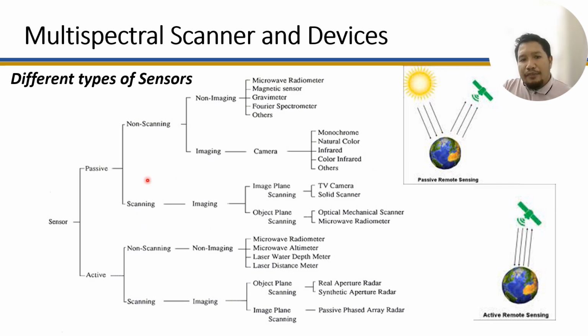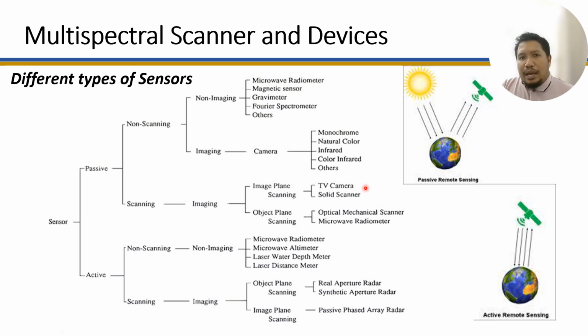And then we also have the scanning for passive, which is only for imaging, meaning it can only take a photo. These sensors scan the scenes and create images based on the scan. So we have image plane scanning. This system scans an image directly on the image plane.